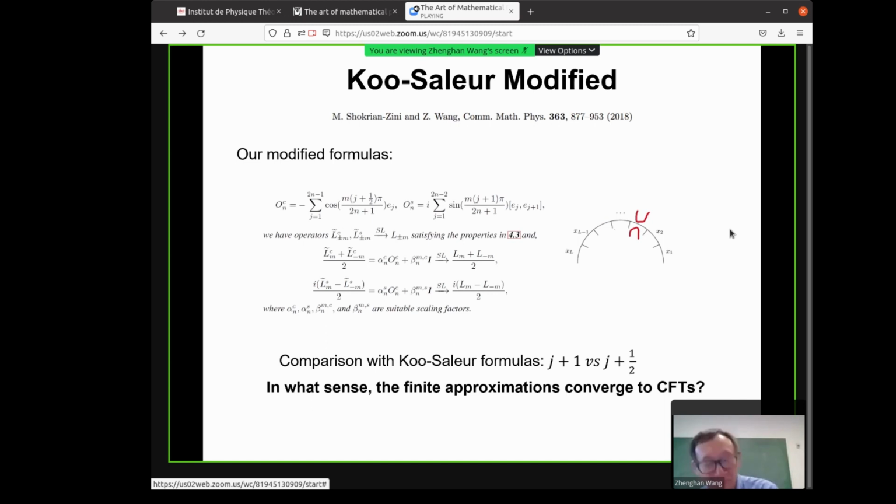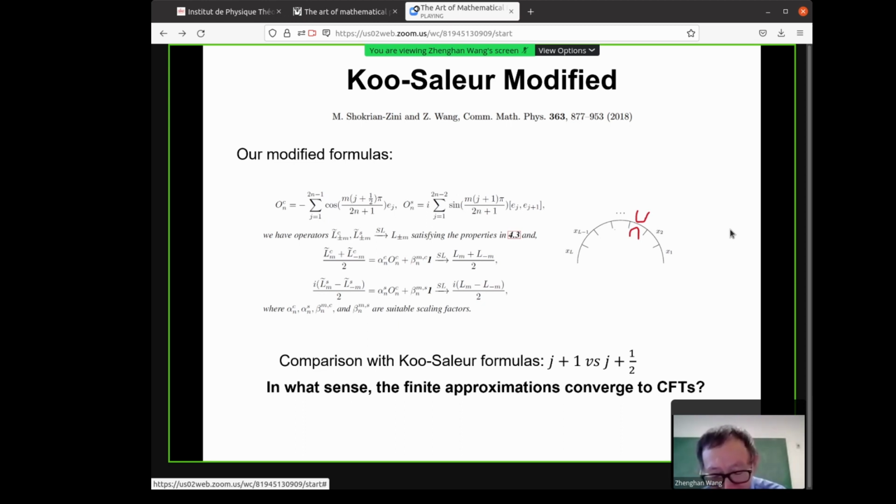And if you think this way, actually, my student Moji and I came up with a slightly different formula than Koo-Saleur. The fonts are really small, and some formulas you're not actually supposed to read anymore. I just showed them and the references.